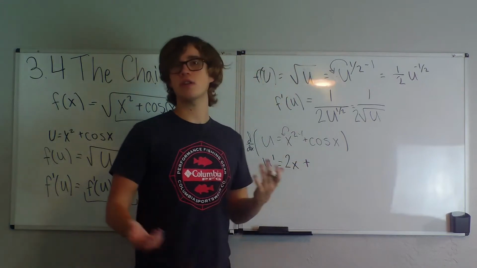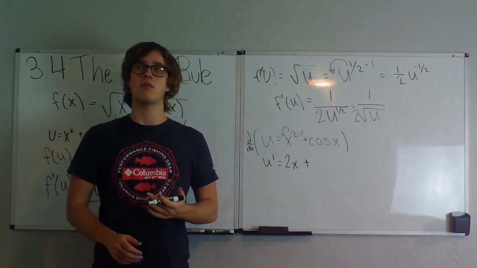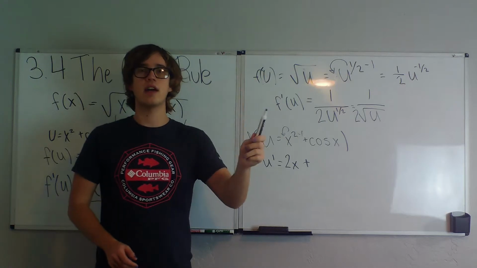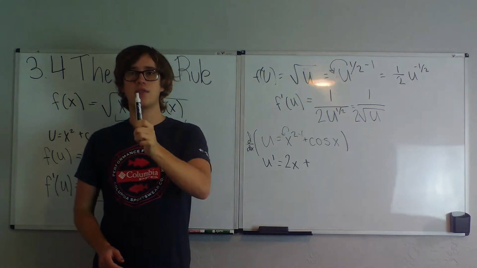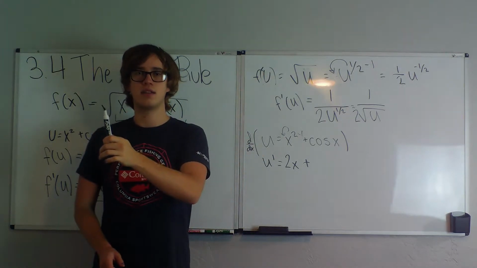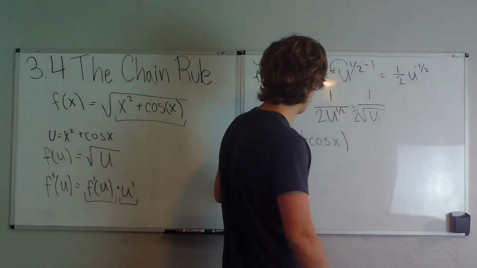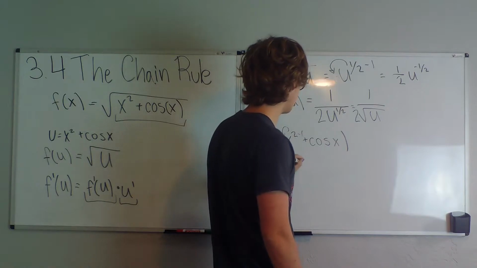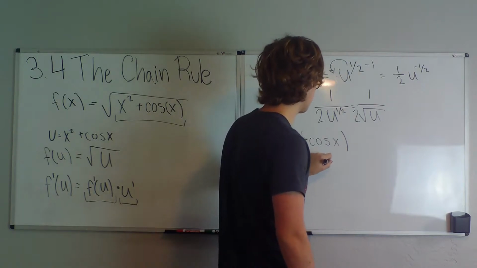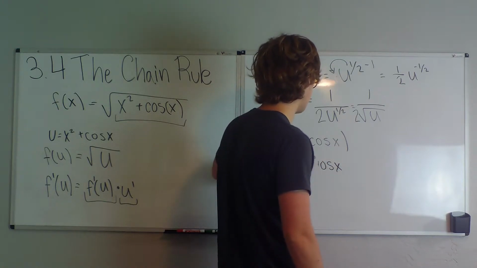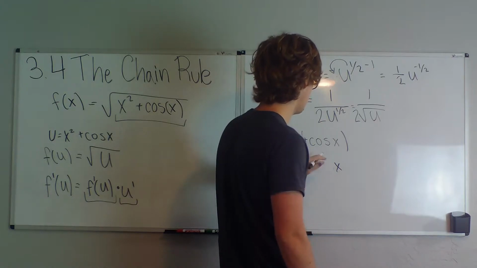Plus, well, what's our derivative of cosine? Well, remember, so it goes sine, cosine, negative sine, negative cosine, sine, cosine, and it keeps going on and on. So we know, okay, we get rid of this plus, and it's just minus sine of x, not minus cosine of x, sorry, yikes.